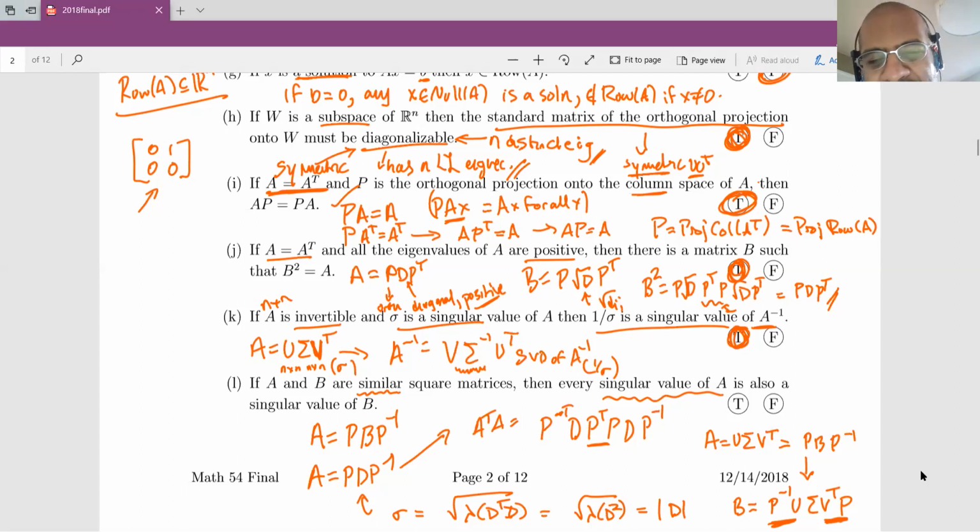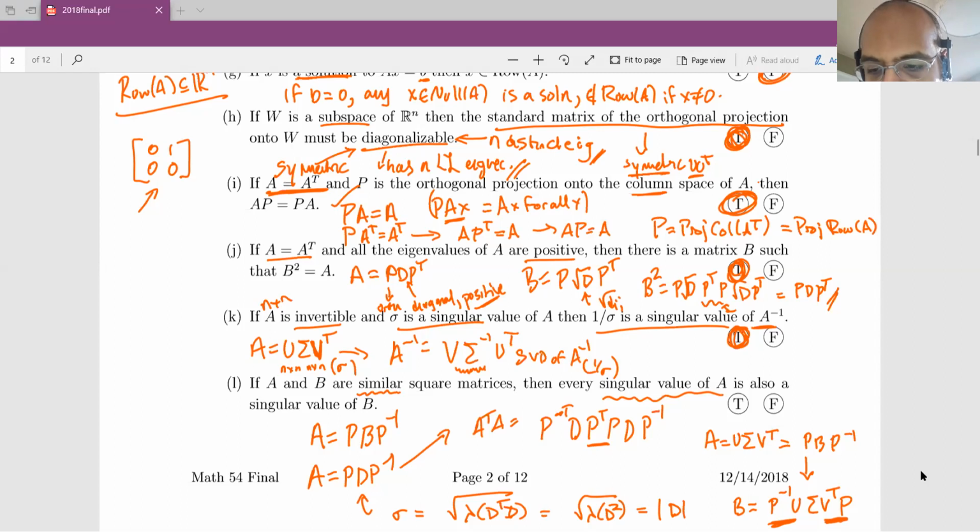But we haven't actually proved that. To do it rigorously, you'd have to solve for the singular values of B. We've just said B is equal to this thing.